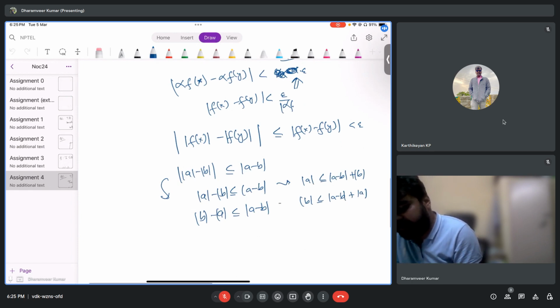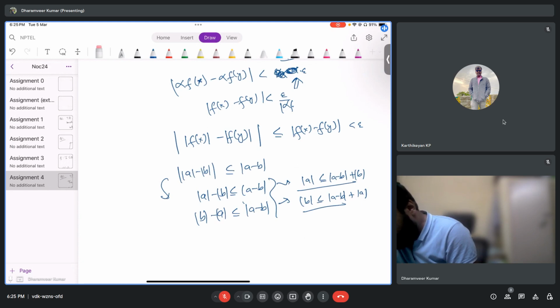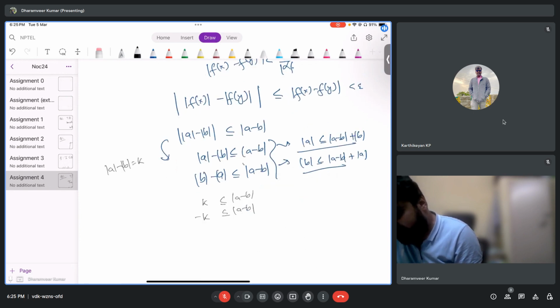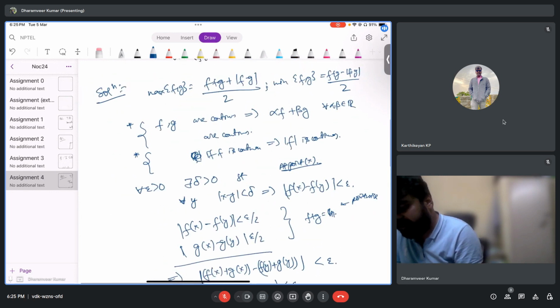This comes from the triangle inequality, you get it in this form. And now let's call mod A minus mod B as K. This is K minus K, A minus B. What does this imply? That A minus B is bounded by mod K. Just think that. So this is the trick that we use for mod, and I think we are done.